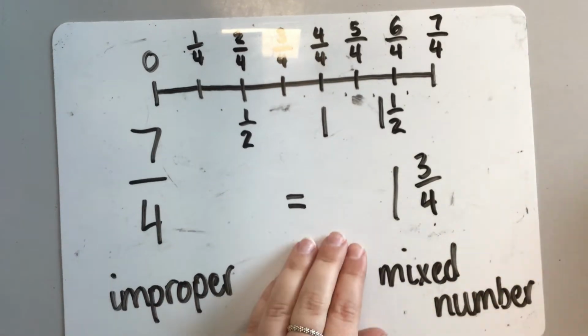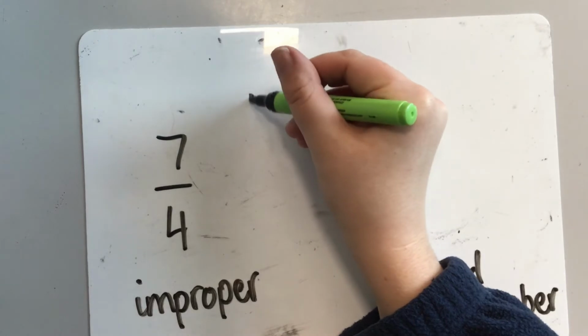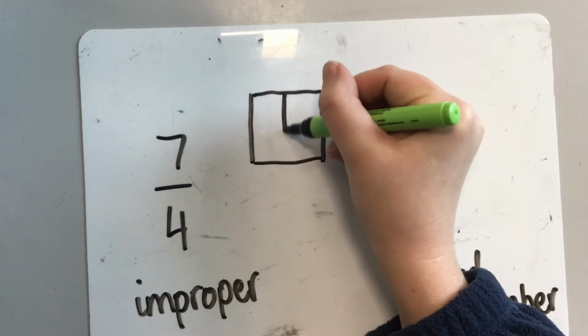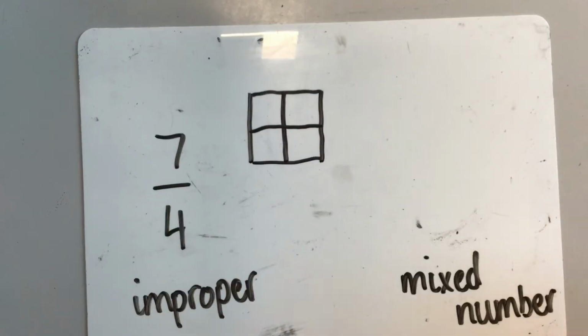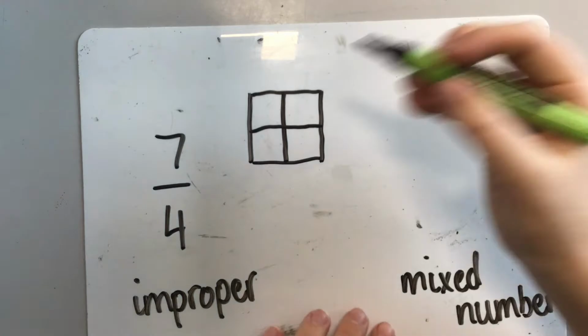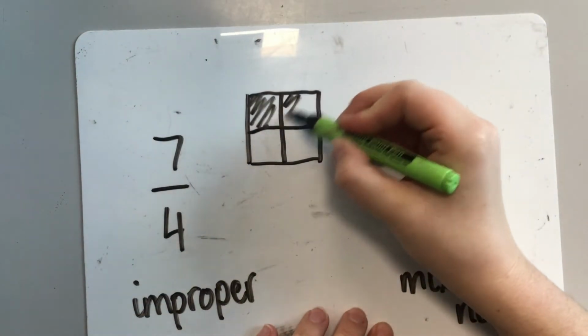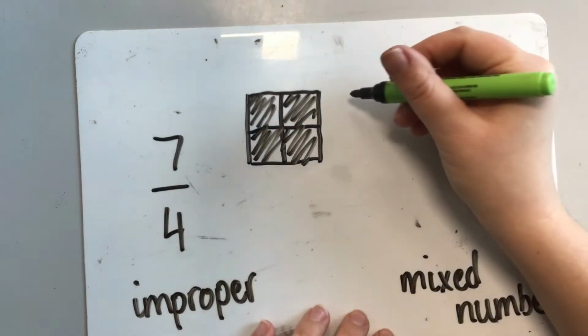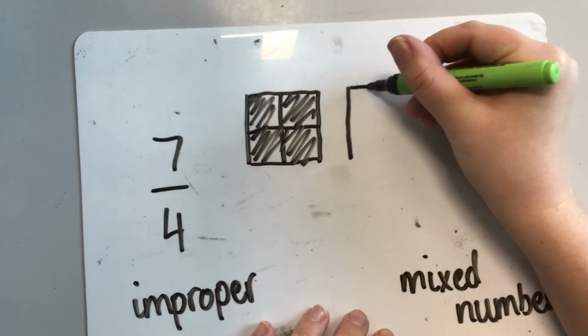For 7 quarters, if I draw some squares and I split them into 4, how am I going to show 7 quarters like this? Well, I know that I can go 1, 2, 3, 4. But we've got 7, so I'm going to draw another square.